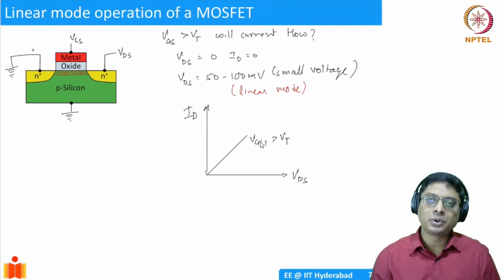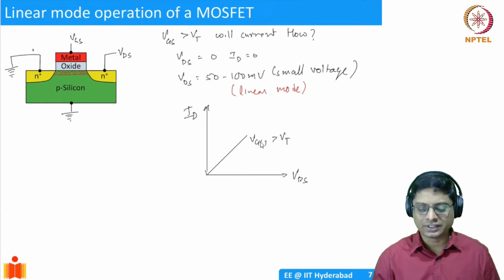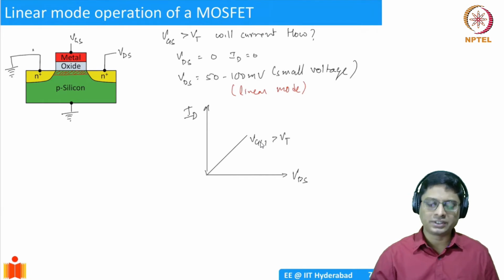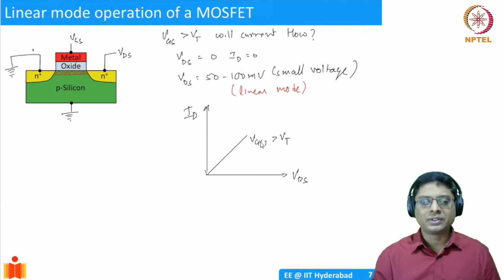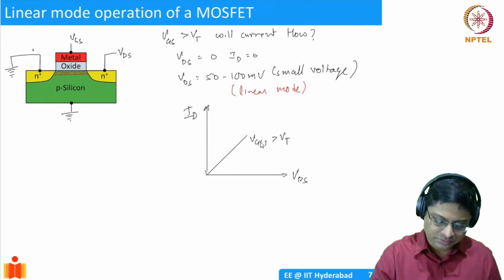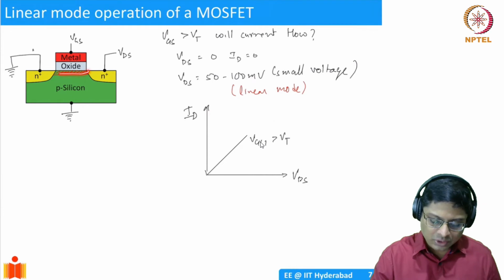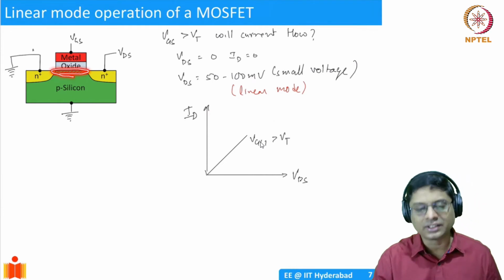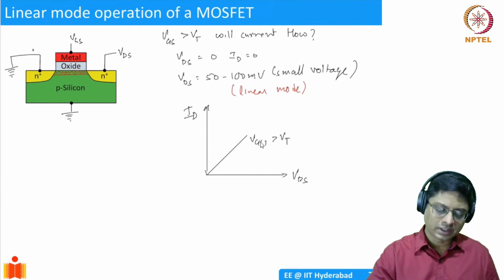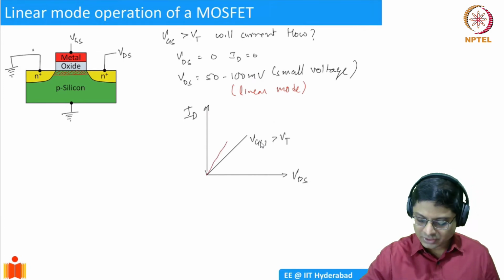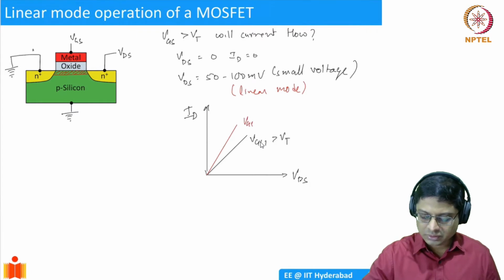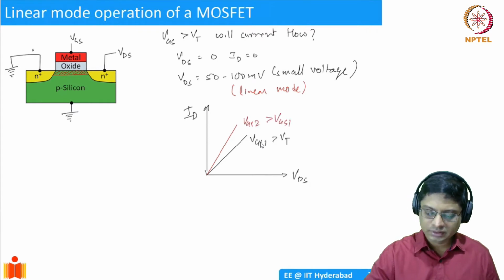Now if I increase the gate voltage further, what happens? For example, I make it even higher than VGS1. Okay. Then we are increasing the amount of charge here. So we are making more inversion charge available, so the current increases. So you might have a situation like this, VGS2 is greater than VGS1.